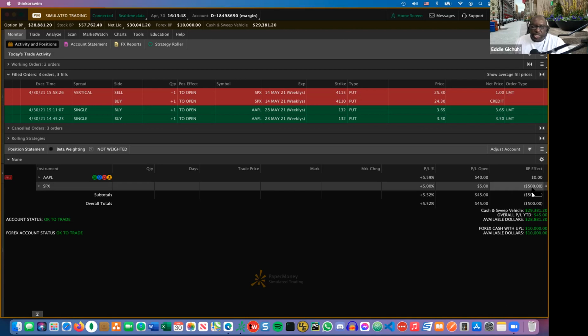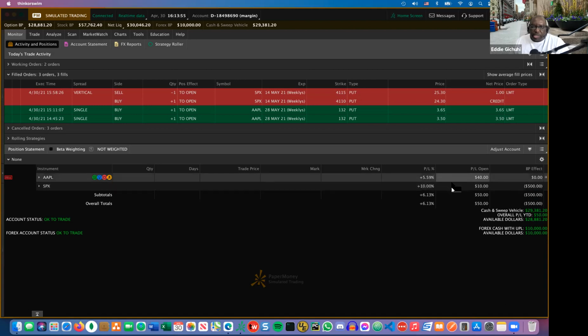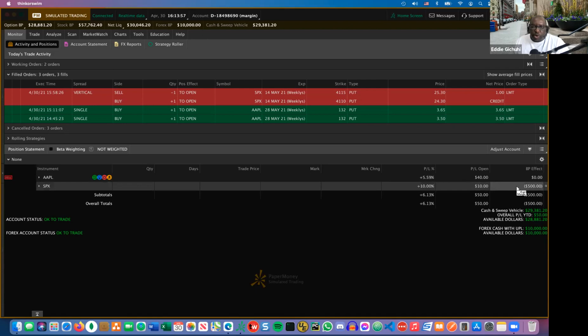That's how much cash needed to be in my account to sell one contract of SPX. Why is it 500? Because it was a 5-point wide spread.